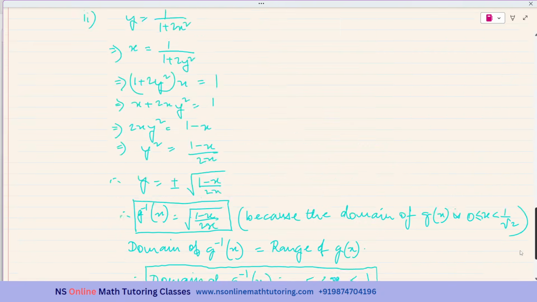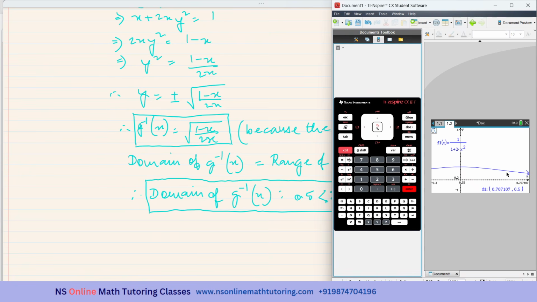Okay, on the calculator, it is the square root of (1 minus x) over 2x.